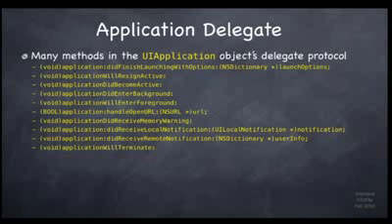Before we talk about that more in detail, I want to give a brief look. I'm not even going to go into these, but this is all the application delegate methods. You can see you get notified when you resign being the active app and enter the background. When you come back into the foreground, this is the whole multitasking thing in iOS 4, where your application doesn't quit anymore.